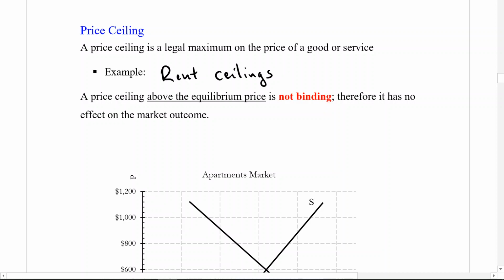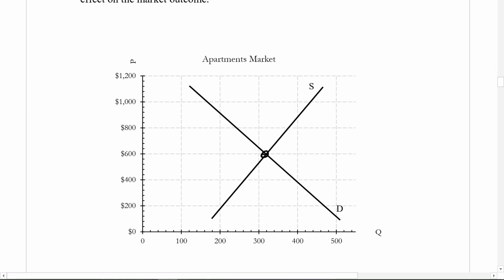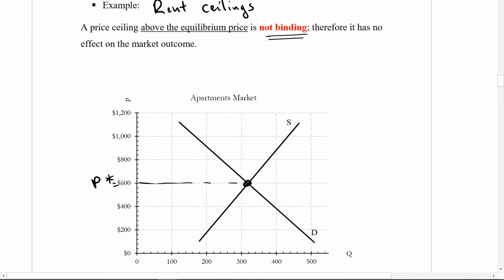We're going to look at two cases here. The first is this idea of a non-binding price ceiling, or rent ceiling. Our equilibrium price in the market is $600. If there's a rent ceiling put in place above the equilibrium price, let's say at $1,000, the mayor says the price ceiling is $1,000, and that means anything above $1,000 is illegal.